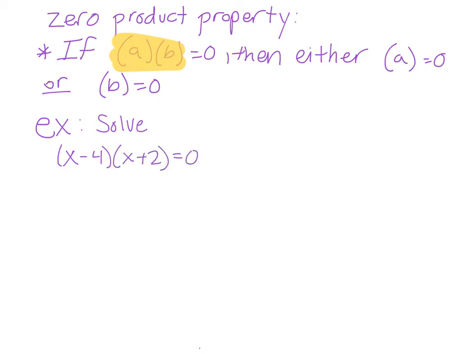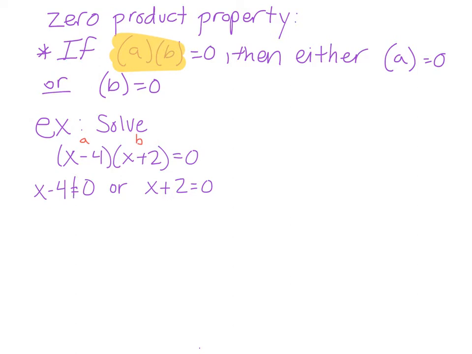Essentially what we're saying up here is that either A or B, so let's say this is A, and this is B. One of these two things has to be equal to 0. So either x minus 4 equals 0 or x plus 2 equals 0. So we're going to have two equations to solve.